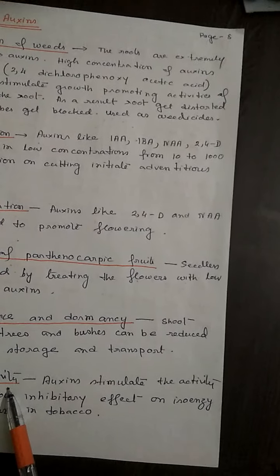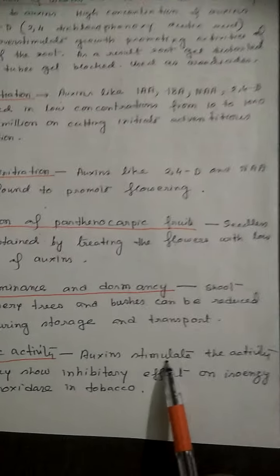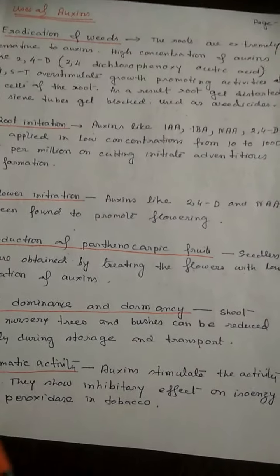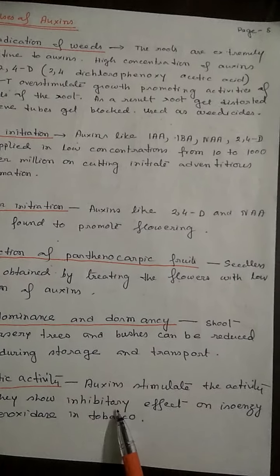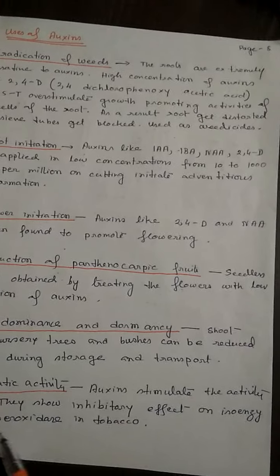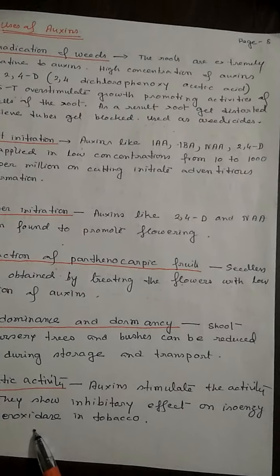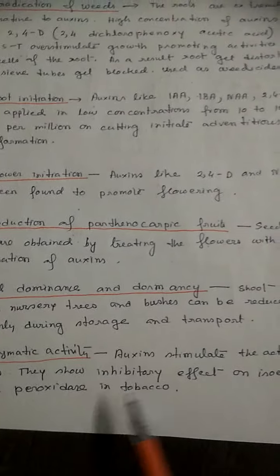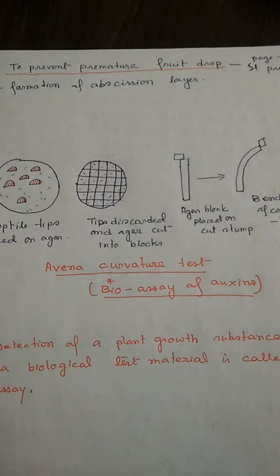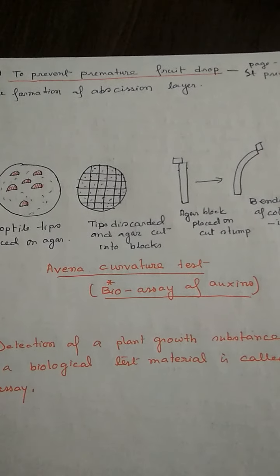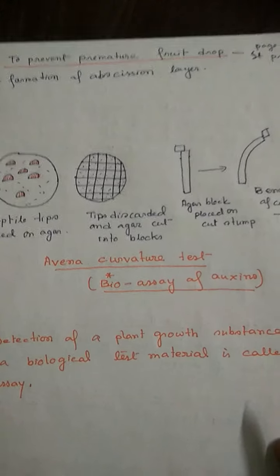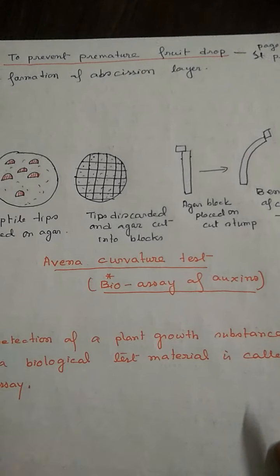Next is enzyme activity. Auxin stimulates the activity of enzymes, and shows an inhibitory effect on isoenzymes like peroxidase in tobacco. To prevent premature fruit drop, it prevents the formation of the abscission layer.